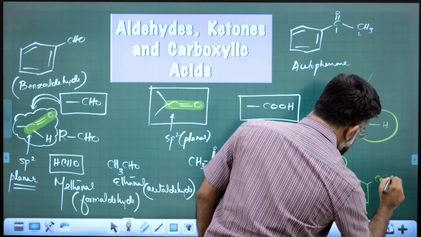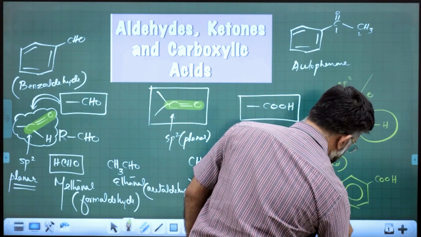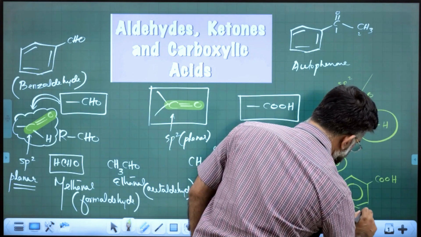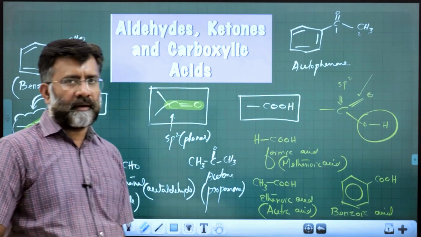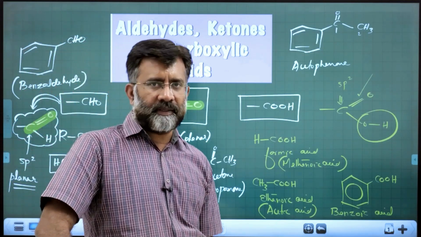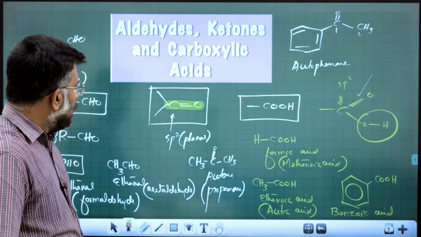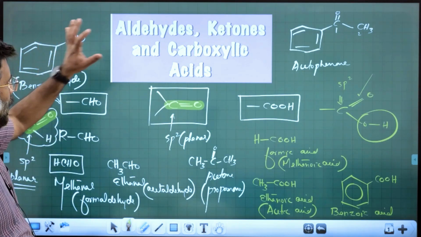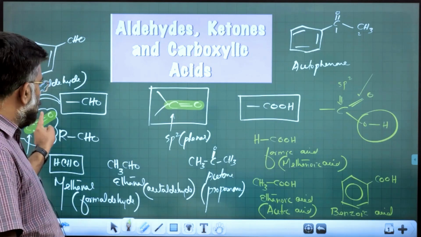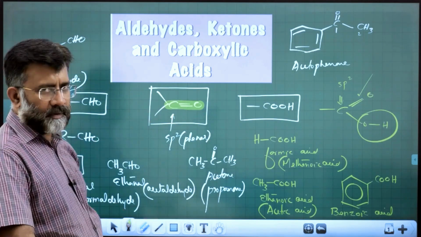It is benzene carboxylic acid, which gets the privilege of being called benzoic acid. These are the important classes of compounds that come under the heading of discussion: aldehydes, ketones, carboxylic acids.